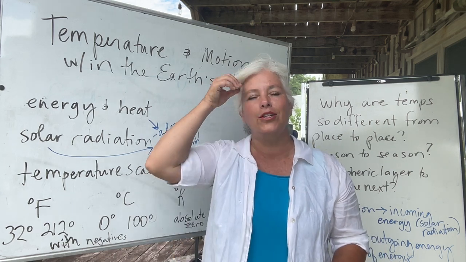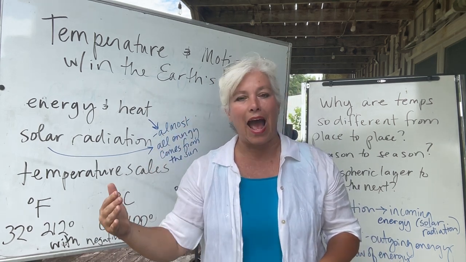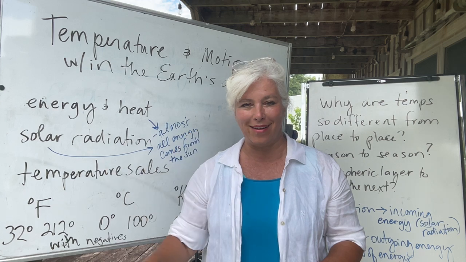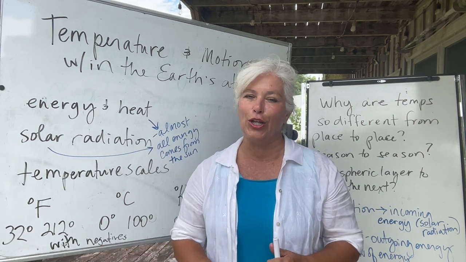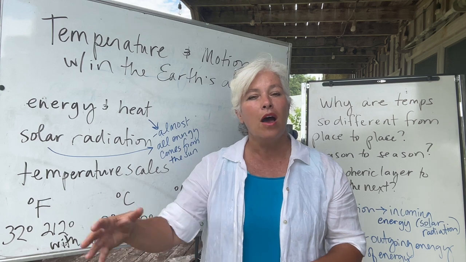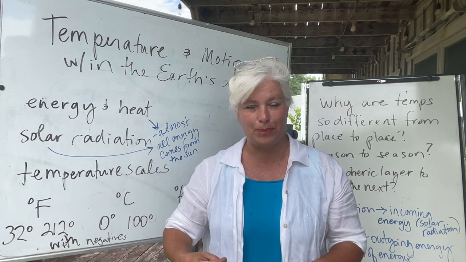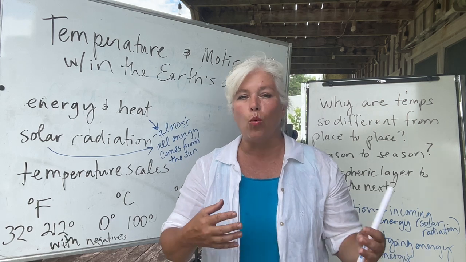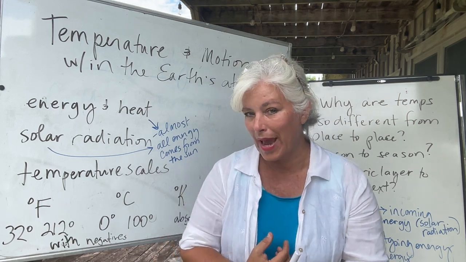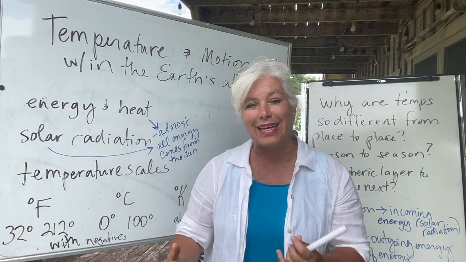And we're also going to bring in the second half of chapter 4, which we will do in another lesson folder. In the second half of chapter 4, we're going to look at how incoming solar radiation affects land and water masses in different ways, how it affects wind and this kind of thing.